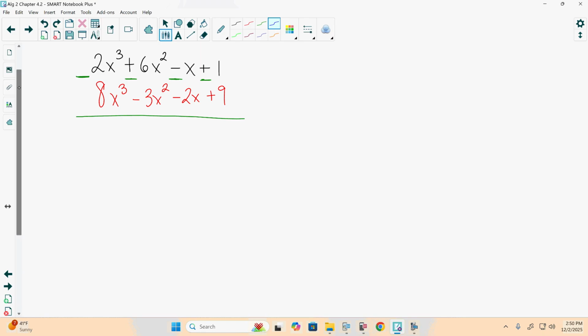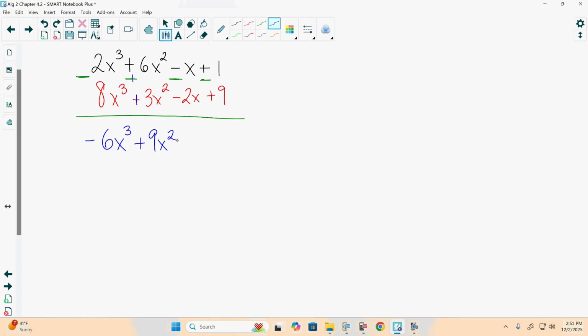So 2x cubed minus 8x cubed, 2 minus 8 is going to be negative 6x cubed. Our next one is 6x squared minus negative 3x squared. Well, the negative and negative make a plus. 6x squared plus 3x squared is going to be plus 9x squared. Our next one is negative x minus negative 2x.